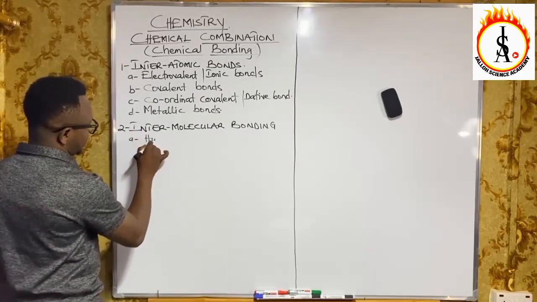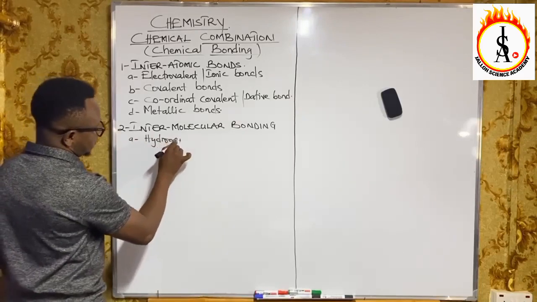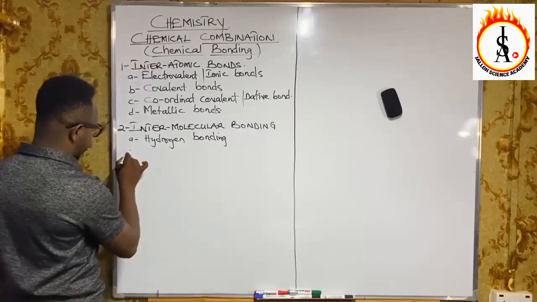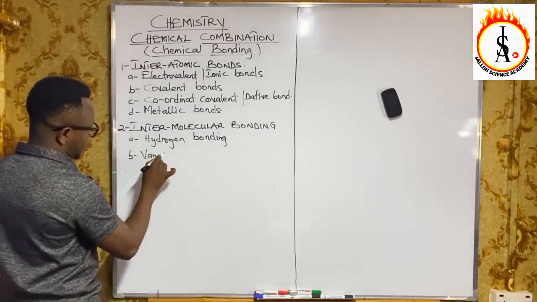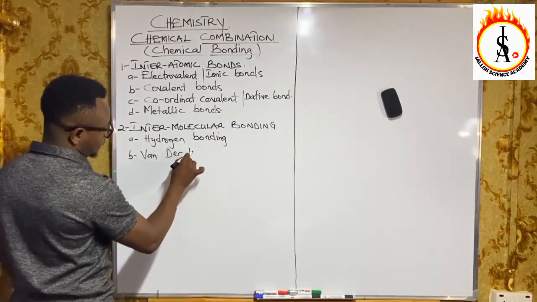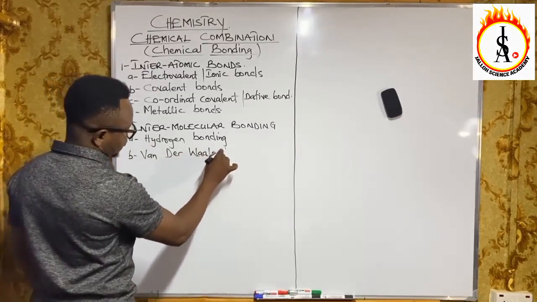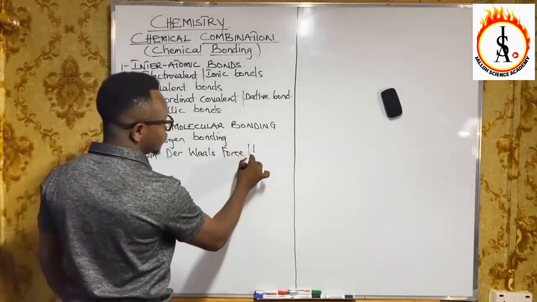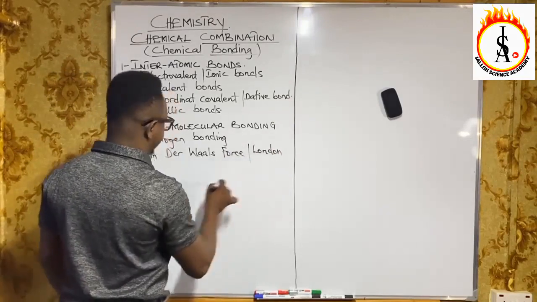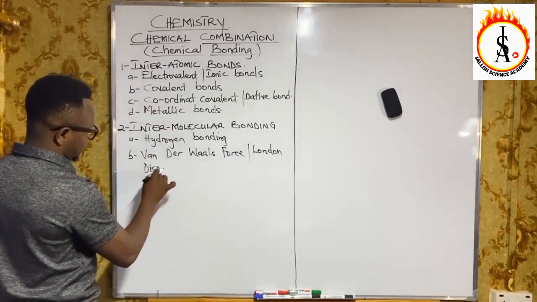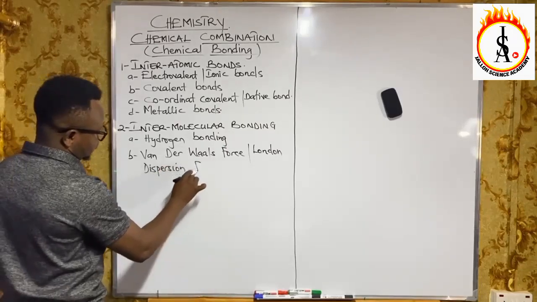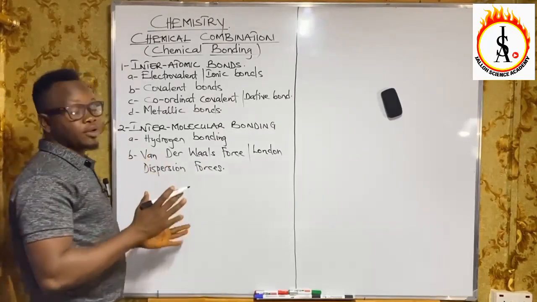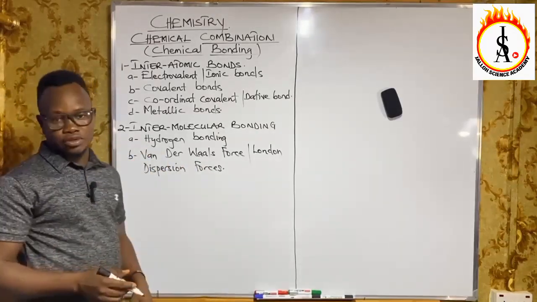One being hydrogen bonding, and the second being van der Waals forces, or you call them the London dispersion forces. But in this tutorial, I'll be purely referring to them as van der Waals forces.